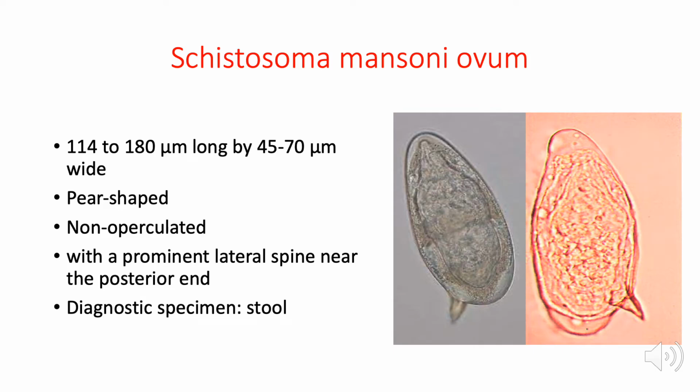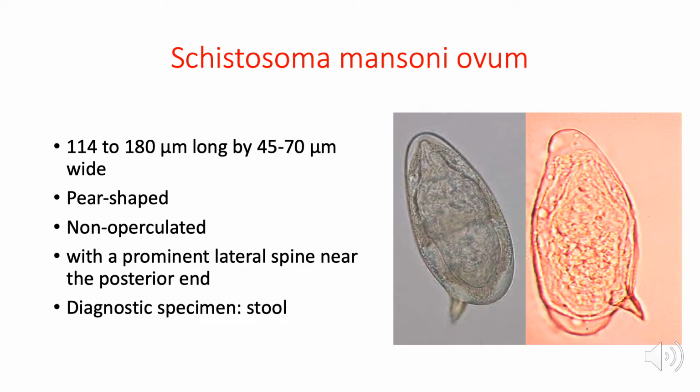The eggs of Schistosoma mansoni and hematobium are elongated in shape or pear-shaped. All trematodes have operculated ova except for Schistosoma. So expect that the ova of Schistosoma mansoni, Schistosoma hematobium, and Schistosoma japonicum are non-operculated. Now the question is, how will you know if the non-operculated ovum is that of Schistosoma mansoni?